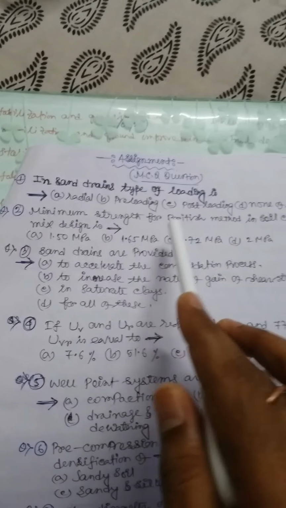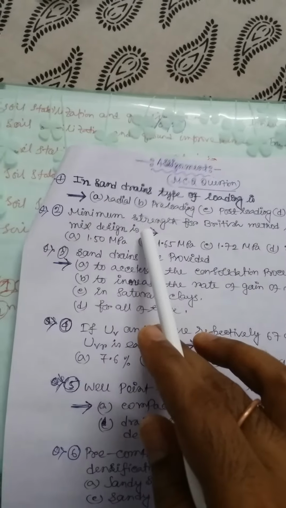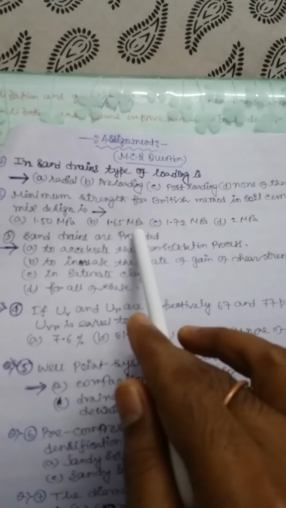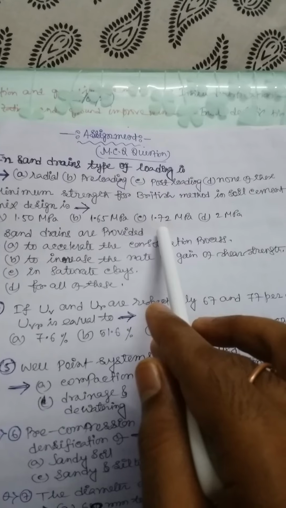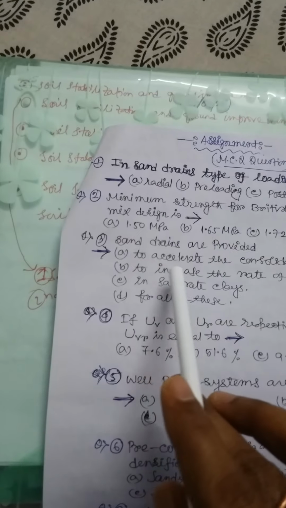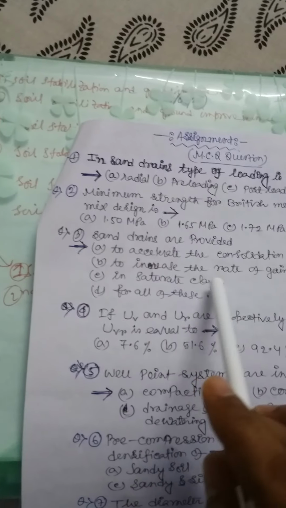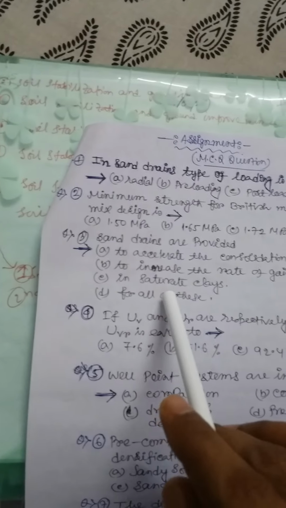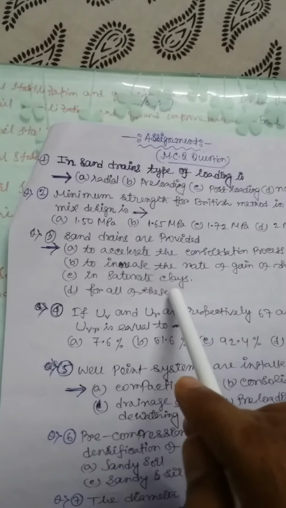Question 2. Minimum strength for British method in soil cement mix design is: A, 1.50 MPa; B, 1.65 MPa; C, 1.72 MPa; D, 2 MPa. Which one is correct? Question 3. Sand drains are provided: A, to accelerate the consolidation process; B, to increase the rate of gain of shear strength; C, in saturated clay; and D, for all of these.